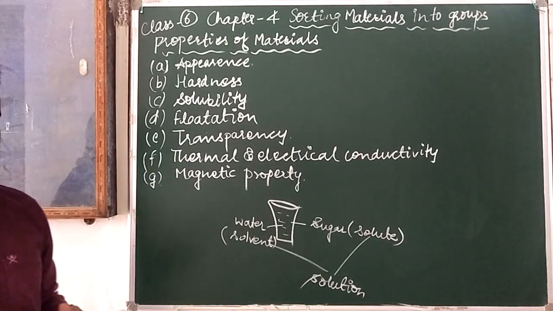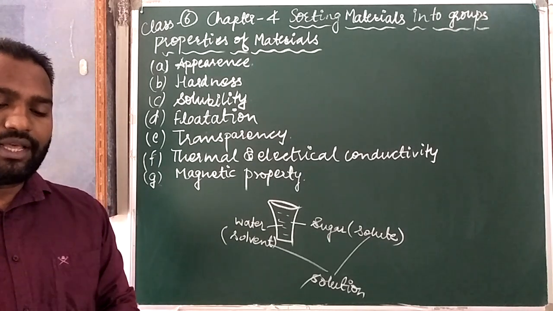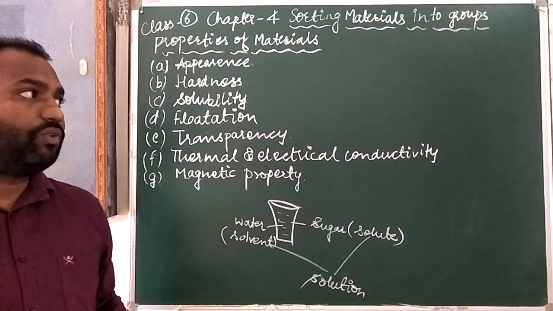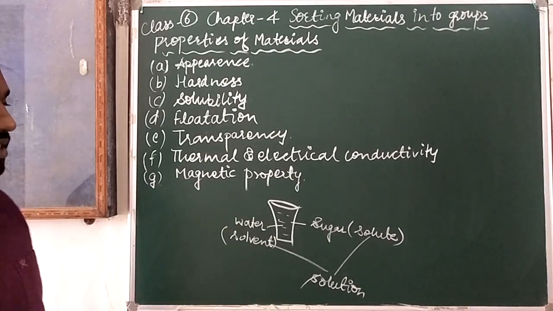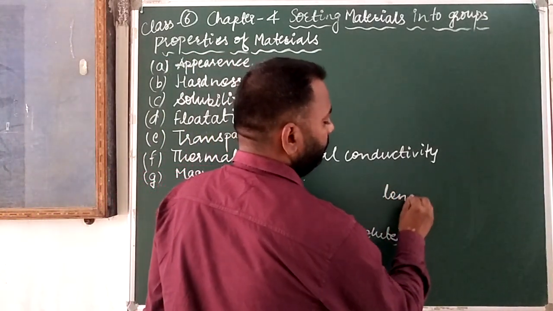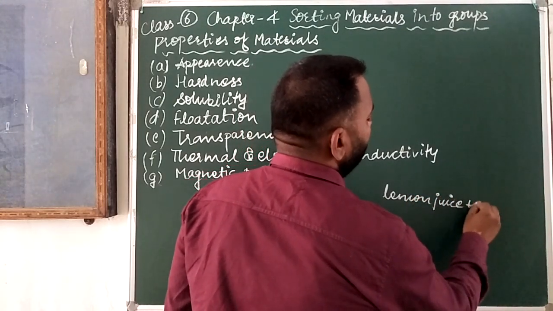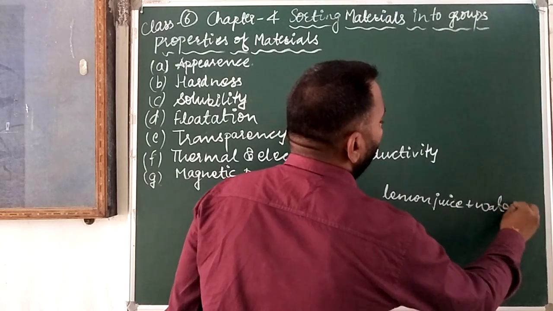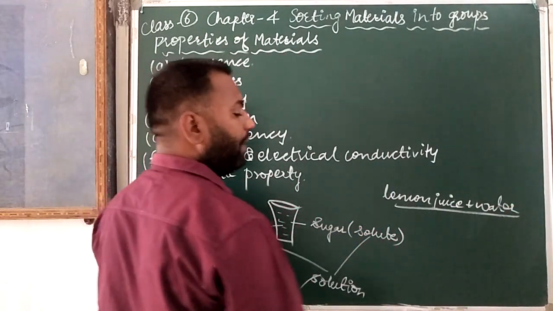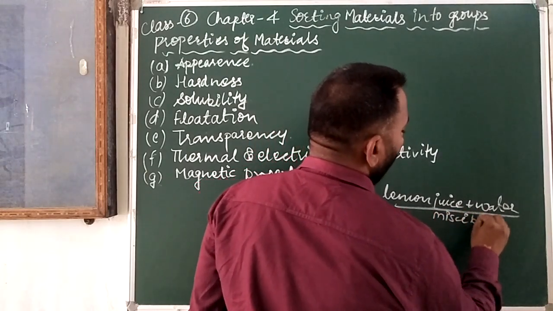Some liquids like glycerin, vinegar and lemon juice dissolve in water to form a solution. They are known as miscible liquids. It means that if one liquid is mixed with another liquid, like lemon juice plus water, they are known as miscible liquids.